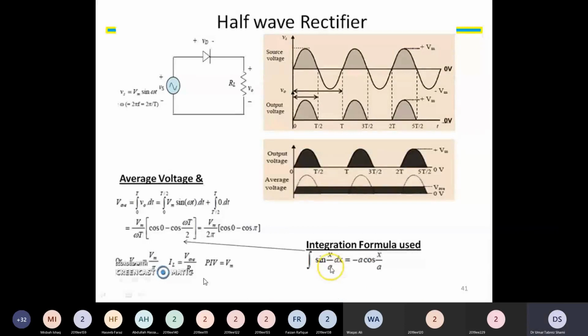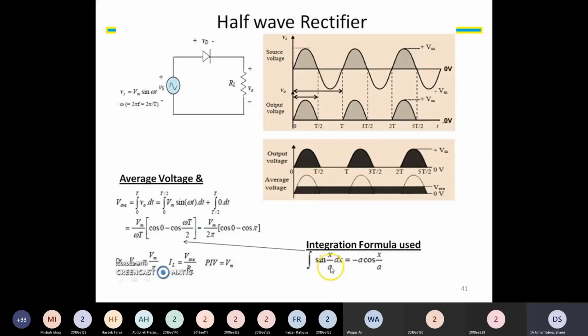So in this diagram, now we have, just to cover what we have studied. In this diagram we see a sine wave input, we see a half wave rectifier, and then we see a load RL. The sine wave is rectified by the diode.